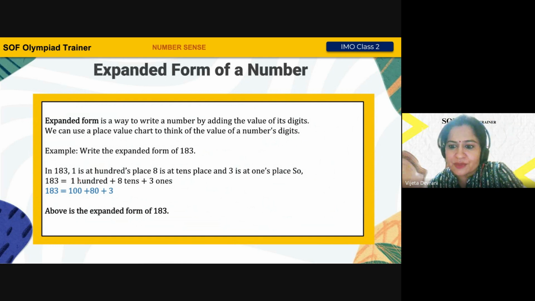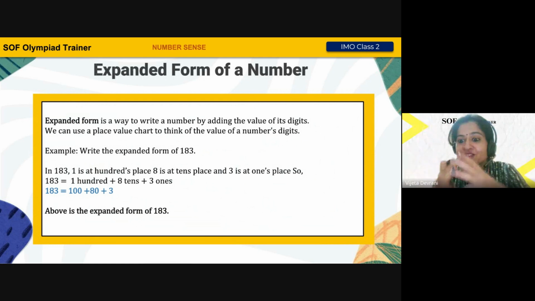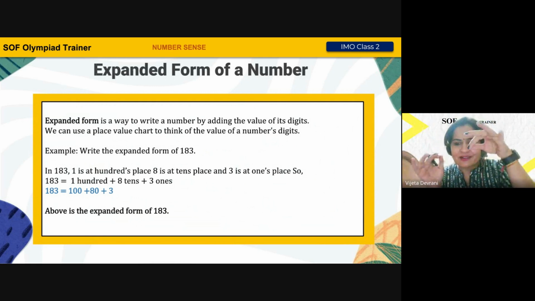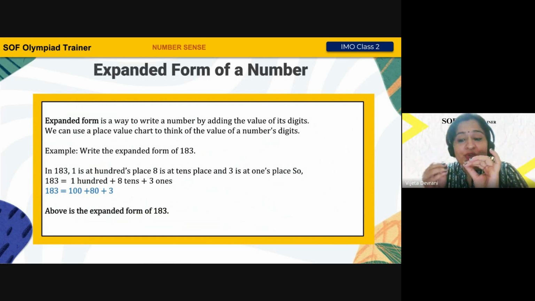This topic seems a bit big, right? As the name is expanded form of a number. Do you know what expanded means? What do you mean by expand? When the balloon has no air in it, it's nothing, right? Now you blow air into it. What happens when you blow air into it? It starts expanding. Have you seen it?